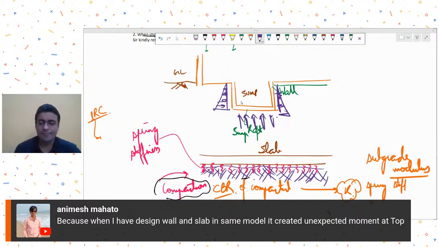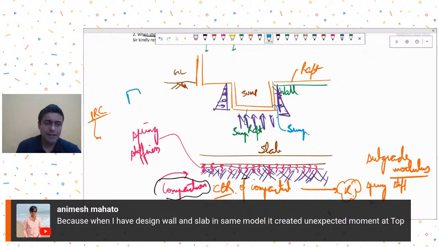Ideally, if you ask me, you should have everything modeled together if you want the appropriate behavior. So if this is your raft that you're providing, and if this is the sump, and if it's a large sump, then it matters. For a 1.5 meter small plan area, it does not matter much. But let's say you have a large plan area. If this was an elevator shaft, for example, I would have said you may do it independently, no problem.